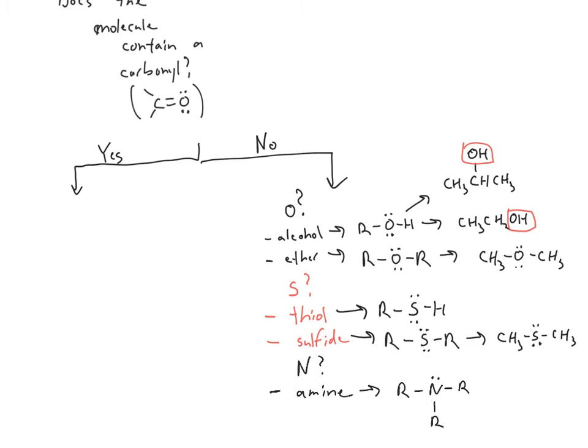The R groups in this case could be either a carbon-containing group or hydrogen. So some examples.